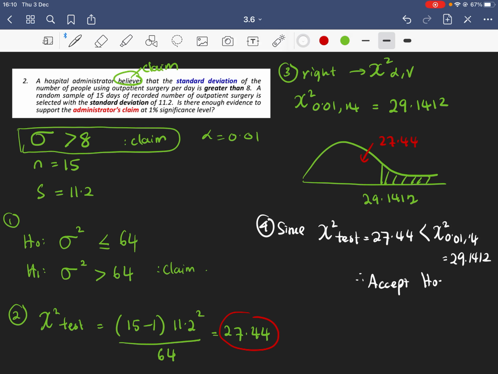Okay, what happens if you accept H null? You reject this claim, you accept this H null. So at alpha 0.01, there is not enough evidence to support the claim that the standard deviation is greater than 8.